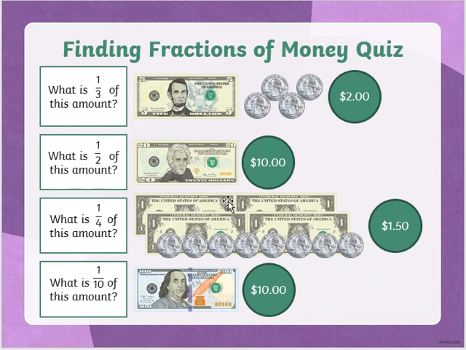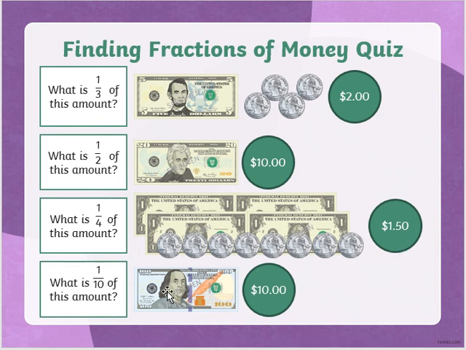Here we had 1, 2, 3, 4, 5, $6. So what is 1/4 of $6? $1.50. Then we would multiply that times 4 to check our answer.